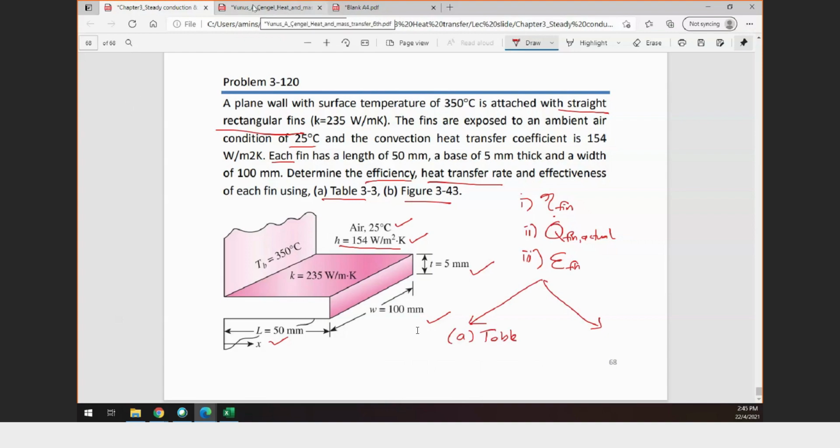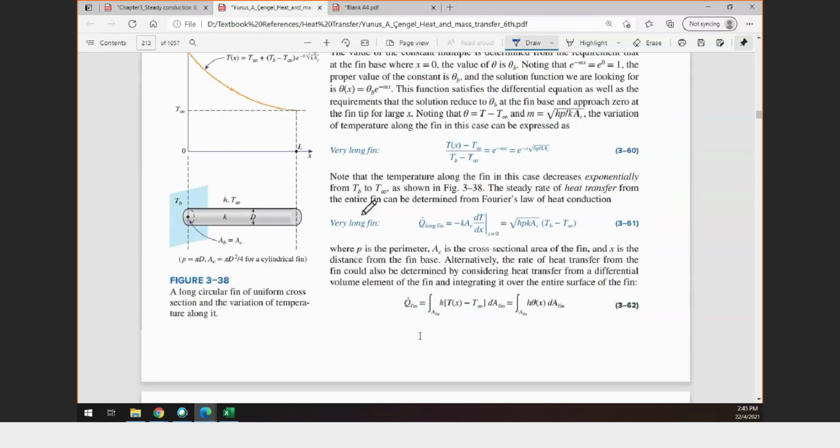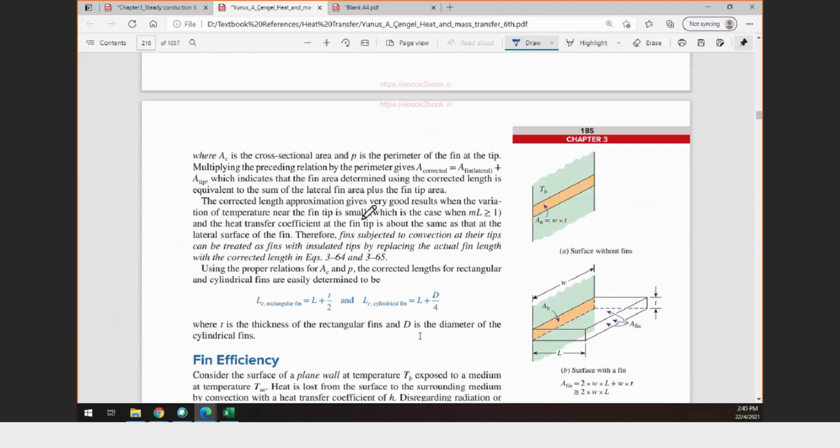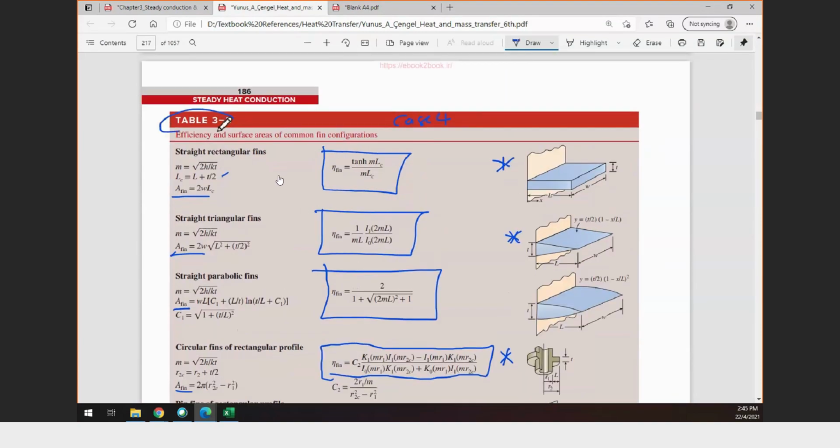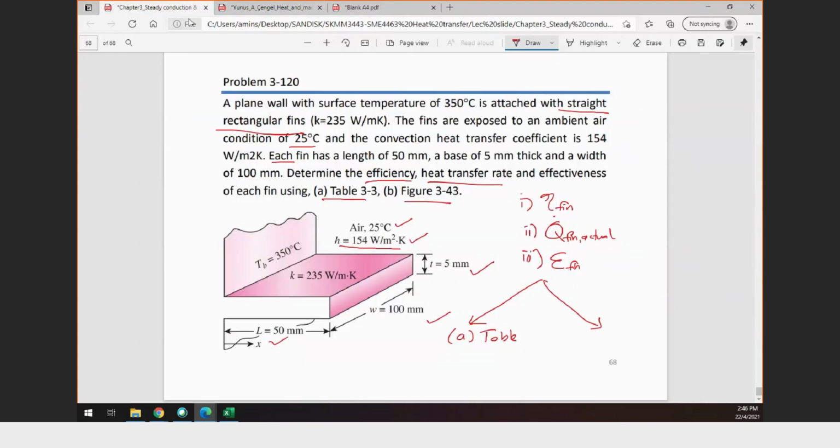Second, you need to repeat the calculation, but using figure 3.43. Why? Because in 3.43, you have the same geometry as given in your problem.